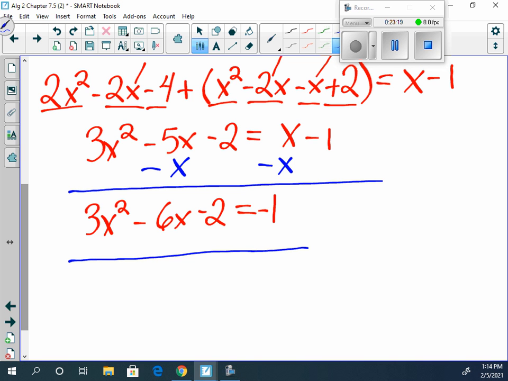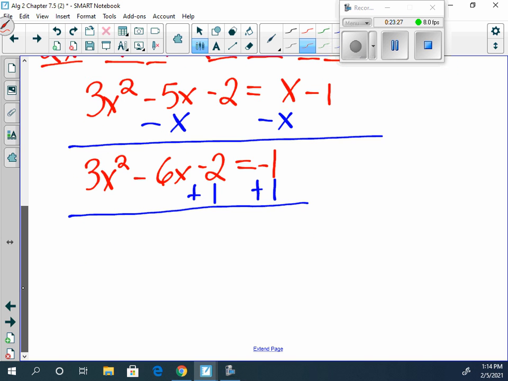So since it is negative 1, yes, we would add 1 to both sides. And if we add 1 to both sides, it's 3x squared minus 6x minus 1 is equal to 0.